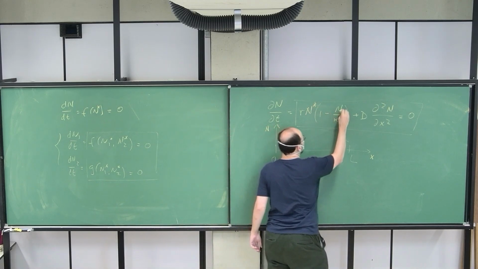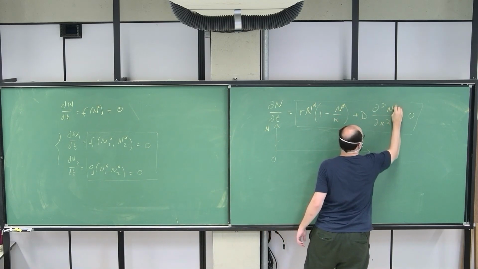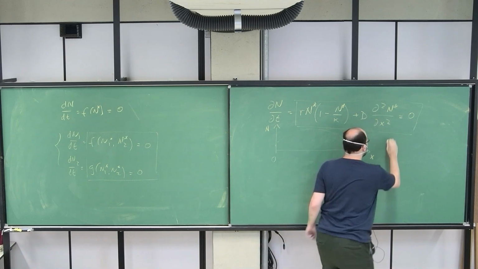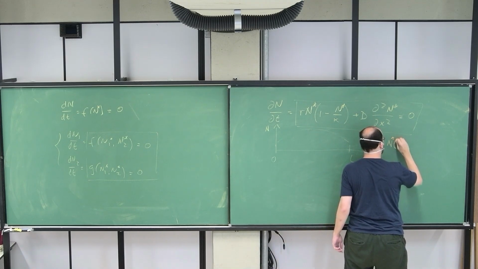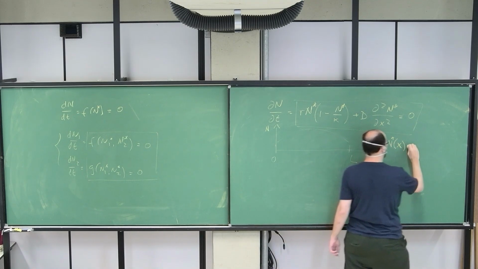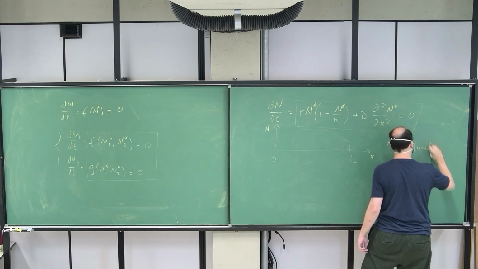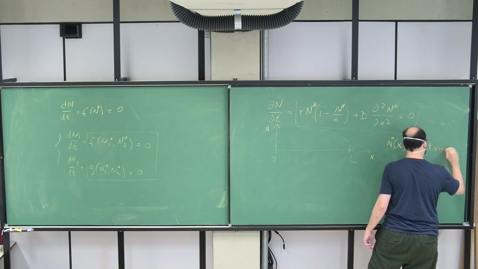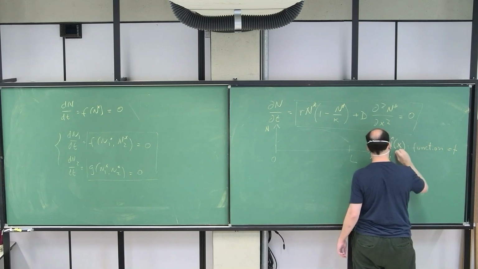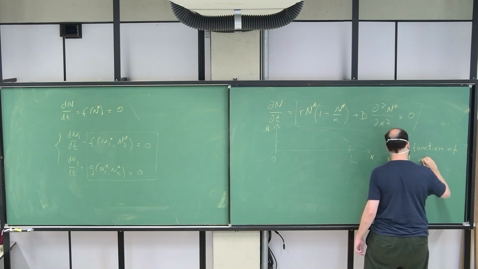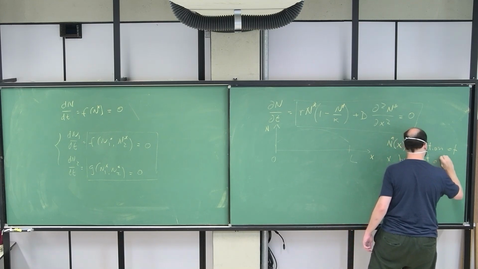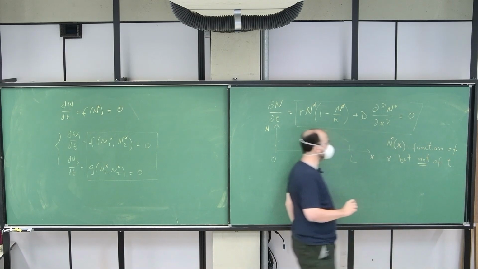Now n star is a function of x, but not of t. So it depends only on space and not on time.